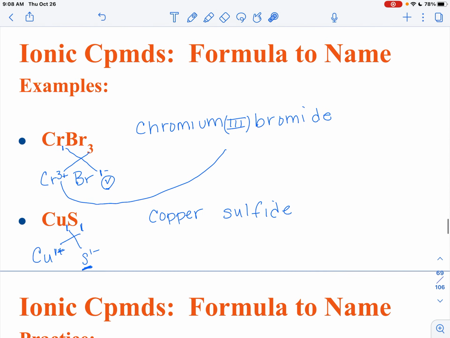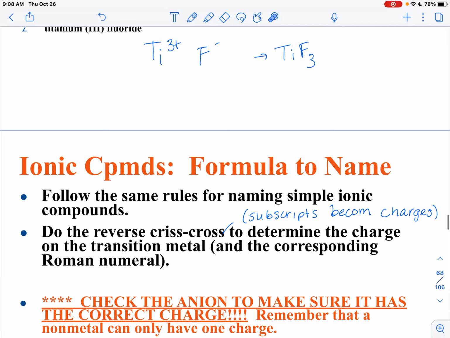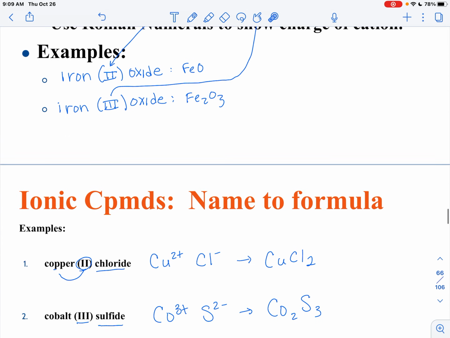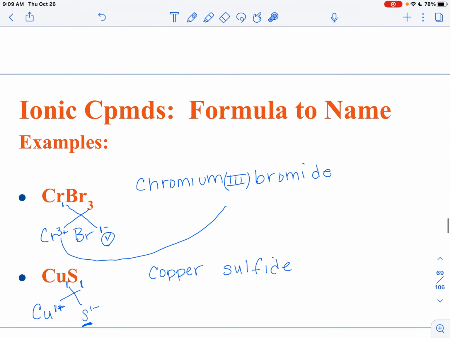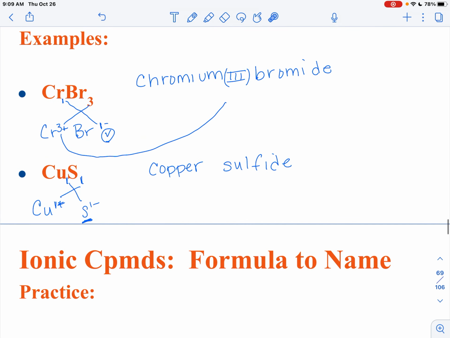Okay, so we need to get it back to what it was before we simplified it. We need to have the charge on the original ion, so we need to unsimplify this almost. So let's talk about what we do. We have to multiply to get sulfur to be the correct charge. Right now it's 1- and it needs to be 2-, so we're going to multiply by 2.